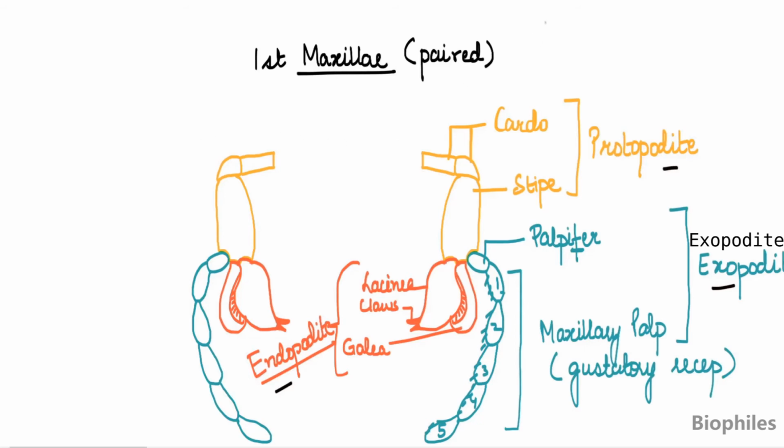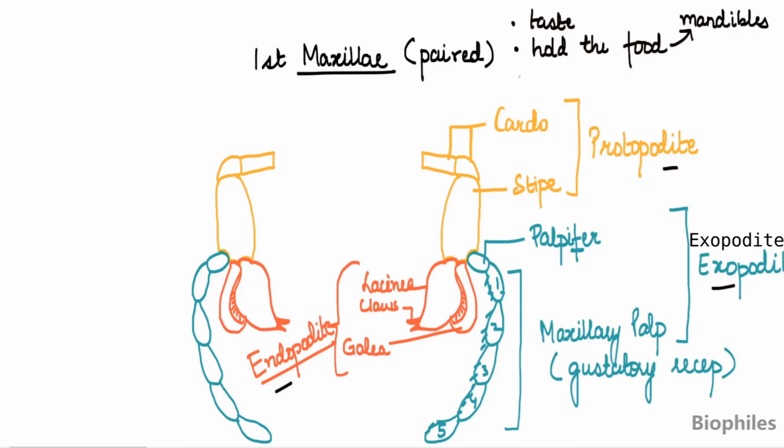Now, what is the function of maxilla? The function of maxilla is to taste the food that the cockroach is eating. Another function is that it helps to hold the food when the cockroach is masticating, and while it is holding the food, it will push the food towards the mandibles.